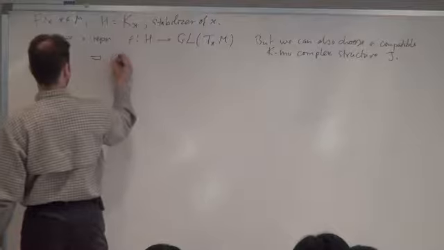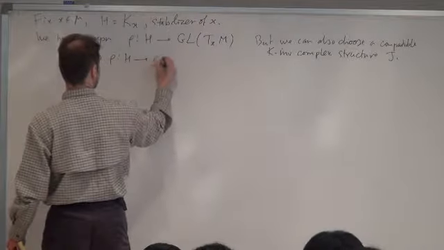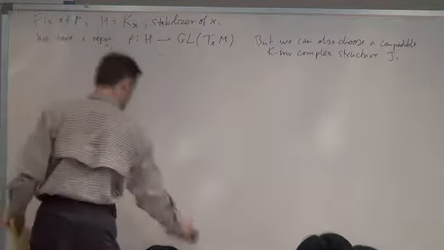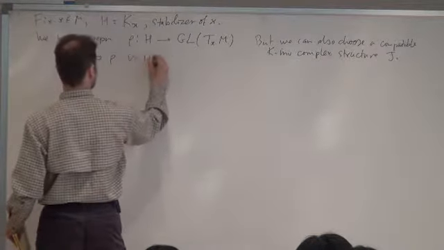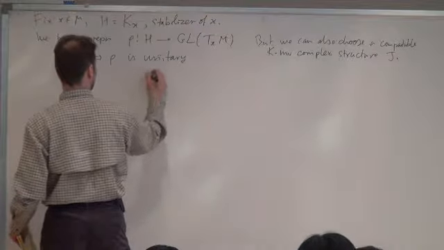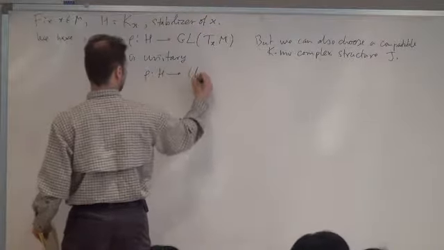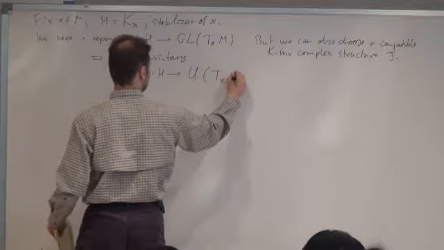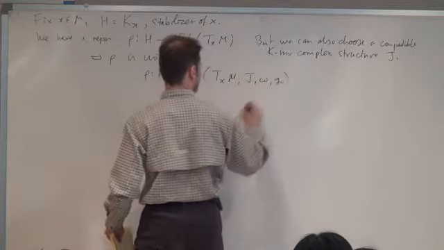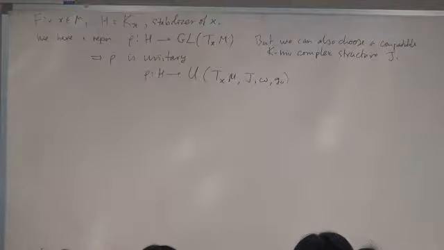And that tells me rho from H to GL is really unitary. So we have rho going from H into the unitary group of this space with respect to the complex structure, symplectic form, metric, I don't know. I'm not sure what the right notation is. But there is this triple of invariant structures floating around.